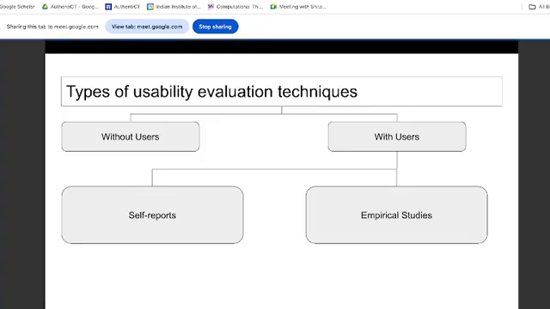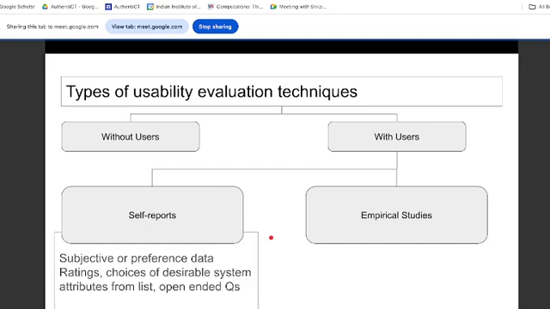Now, today we are going to focus on self-reports. So, what are self-reports? Basically, these are subjective or preference data, in terms of ratings or your choices of desirable systems.